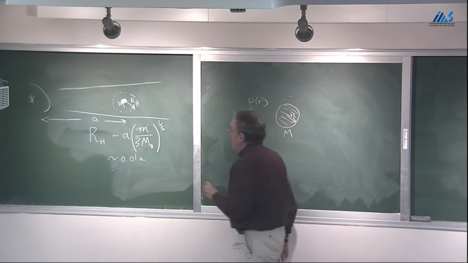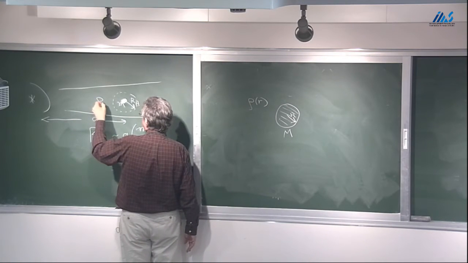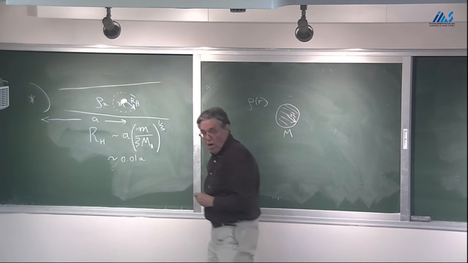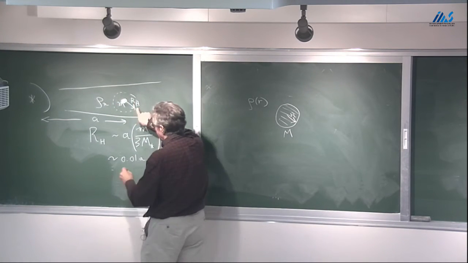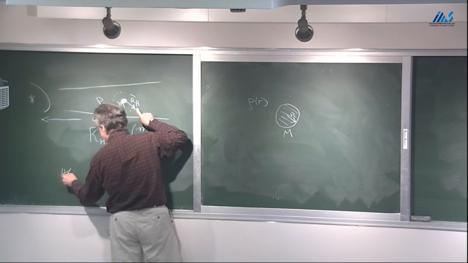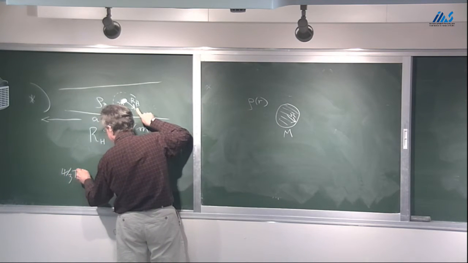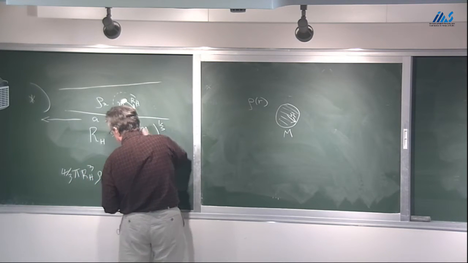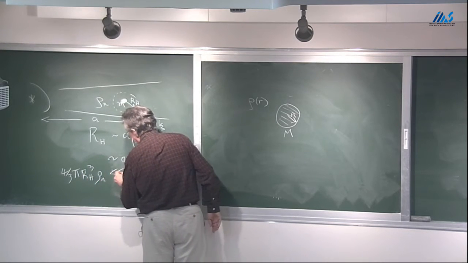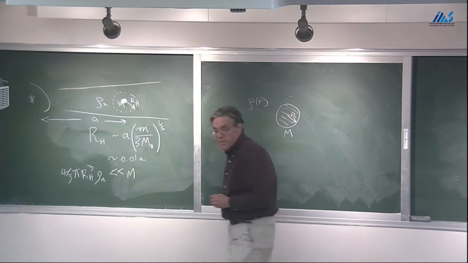I should have mentioned one other thing. The nebula density here is so low that if I take the mass of gas within the sphere of influence, and multiply by the nebula density, this is going to be much less than the mass I'm interested in.